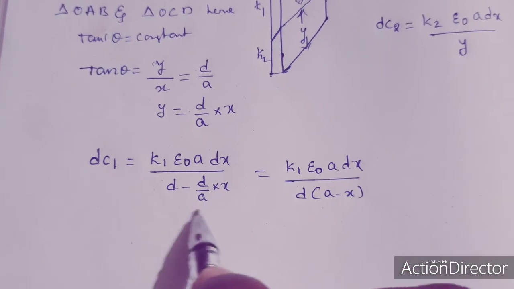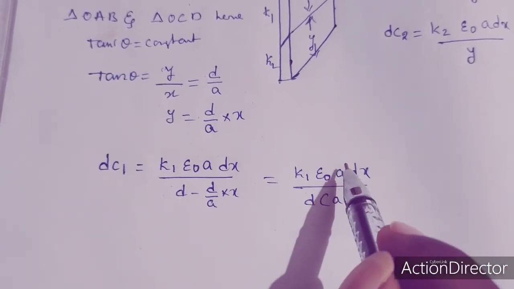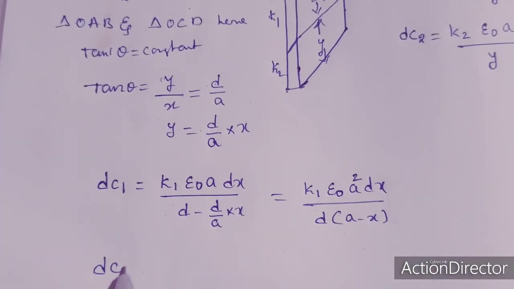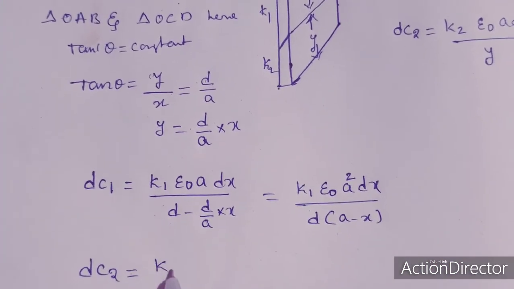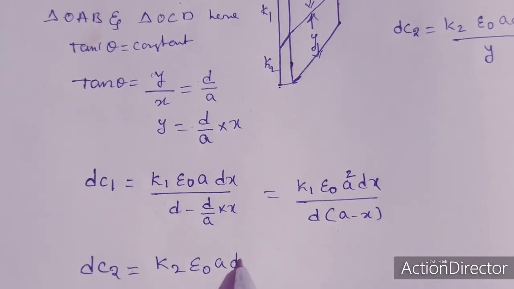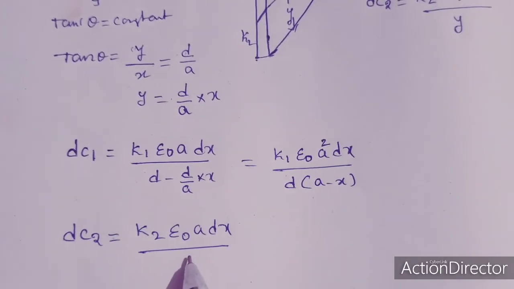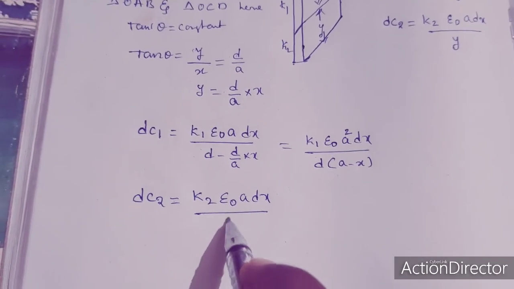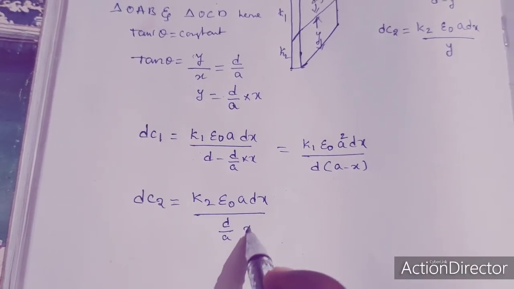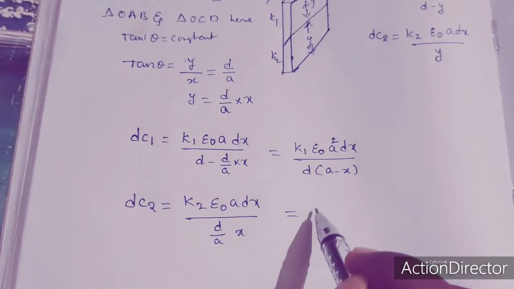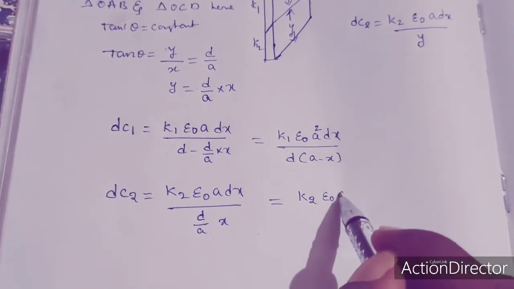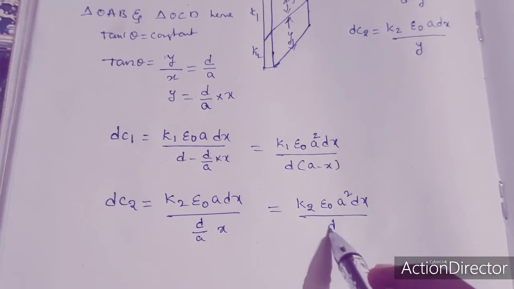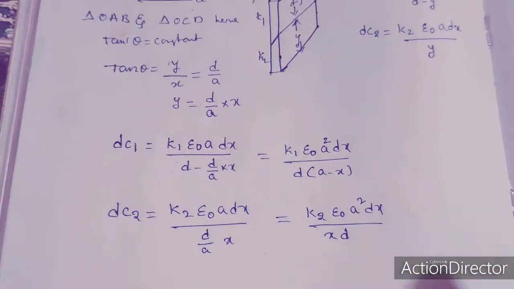Here the denominator has a, so it is written in the numerator as a power 2. Now we have to find the dC2 value. dC2 equal to K2 epsilon naught A dx divided by y. In y's place we can write d by a into x. So K2 epsilon naught A square dx divided by x into d.